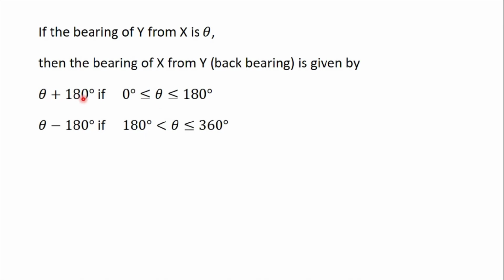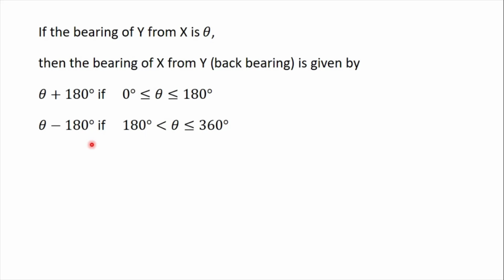So if the angle given to you is less than or equal to 180 degrees, in order to find the back bearing, add 180 degrees to the angle. If the angle given to you is greater than 180 degrees but less than or equal to 360 degrees, subtract 180 degrees from the angle in order to get the back bearing.